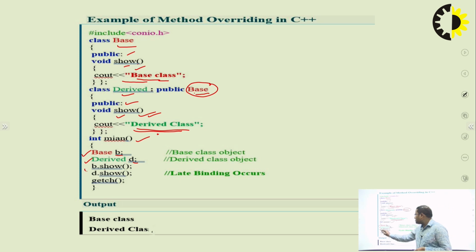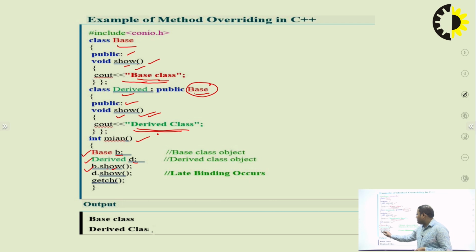Now b.show and d.show. b is the object of the base class, and it will call the show function of this base class. So the output will be base class.